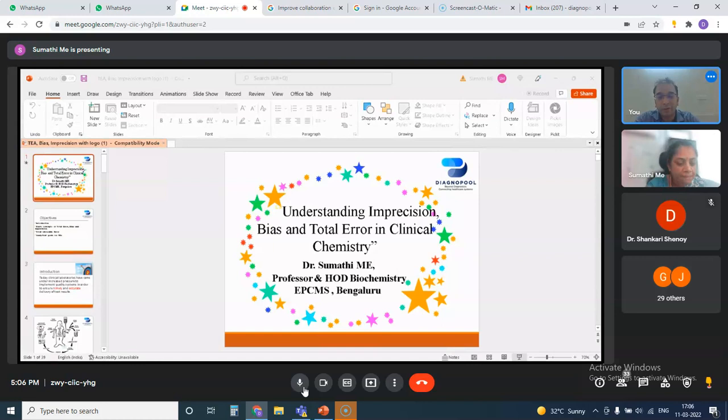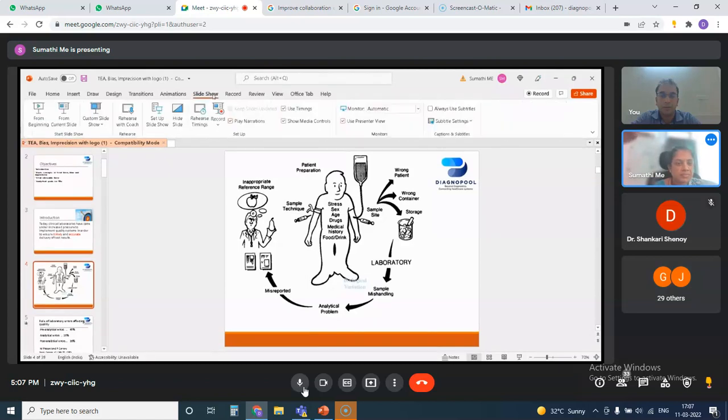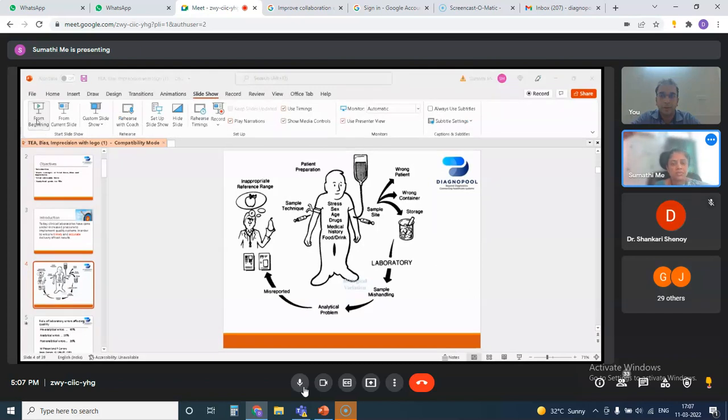Just F5. Yeah, the function button F5 you can press, it will come. Otherwise, now we can see. It's not a problem. This also you can see, right? Yeah, no issues. Okay. Thank you so much.